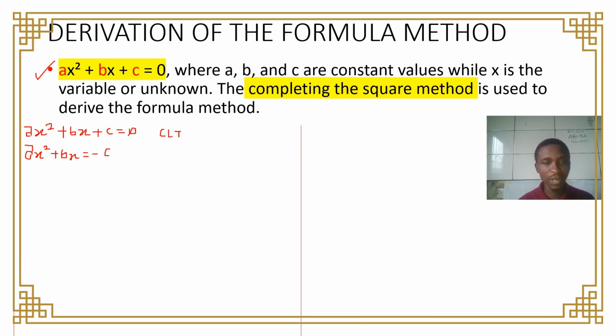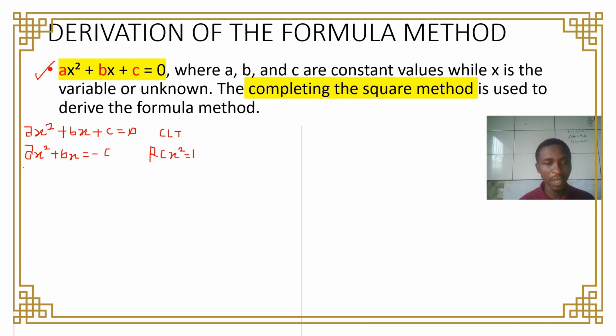Then the next thing we do now is to reduce the coefficient of x squared into 1, and to do that we shall be dividing all through by a.